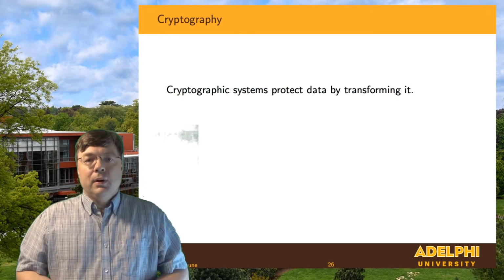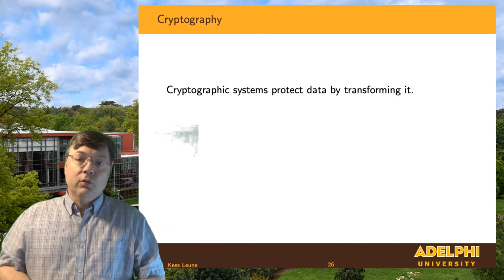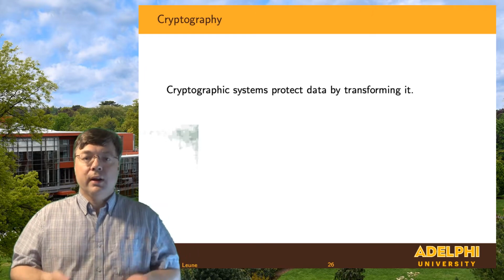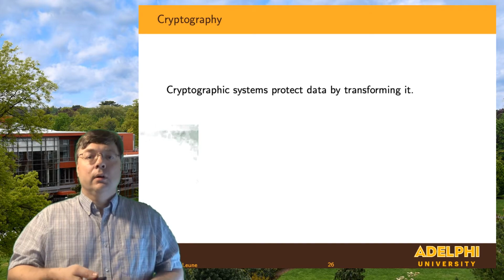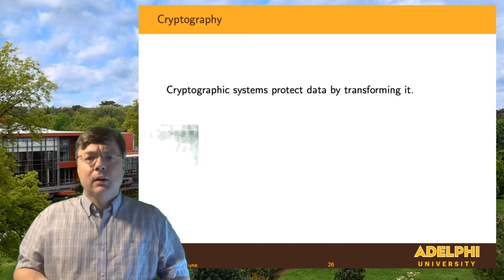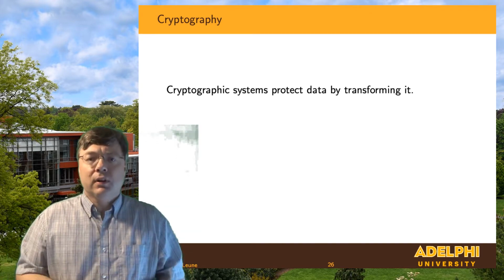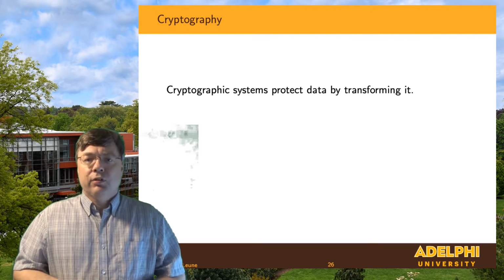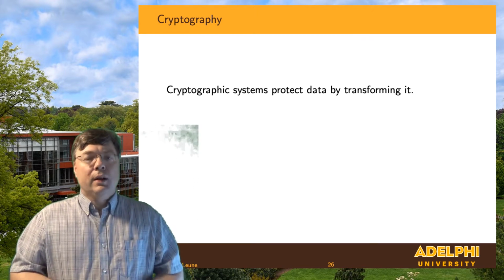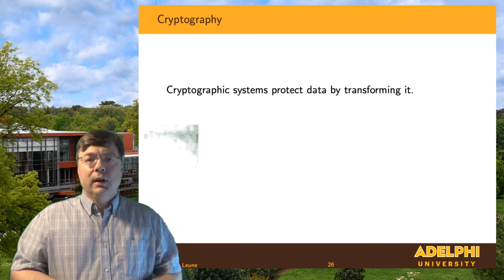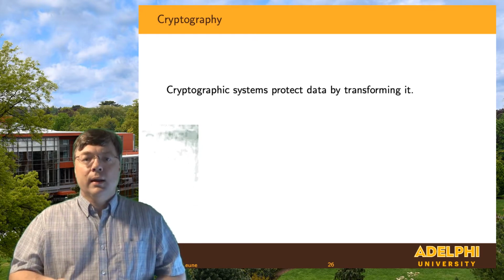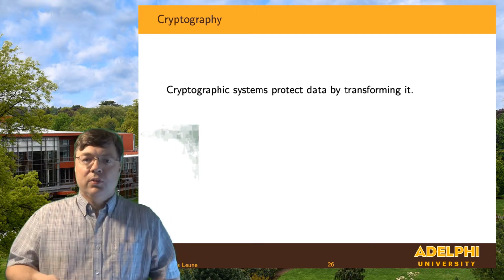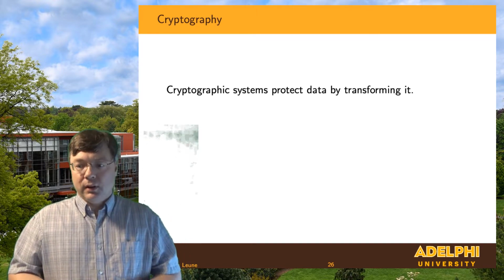Cryptography is a method by which we can protect data. That's all it is. It is a way that we protect our data by transforming it. We make data look like something else. Typically we make it look like garbage, basically some random collection of bits and bytes that to the casual observer means absolutely nothing, and even under closer scrutiny should not make sense to anyone who's looking at it without having specific access that we'll talk about in a second.